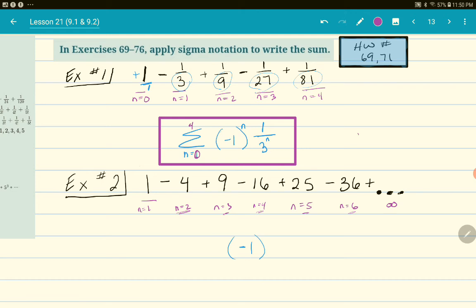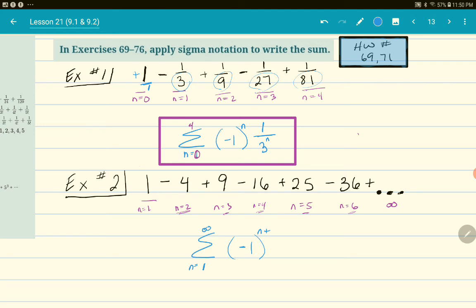So my sum will go from 1 to infinity, and I'll be alternating. So I have that negative 1. I want to start with a positive. So when I plug in the 1 for n, I want the negative 1's exponent to be an even number.